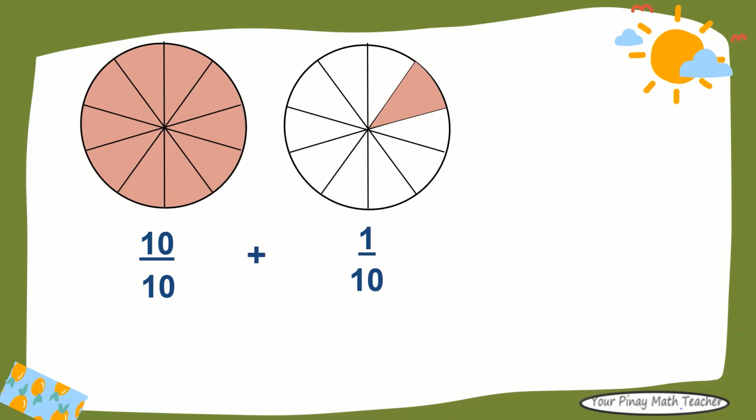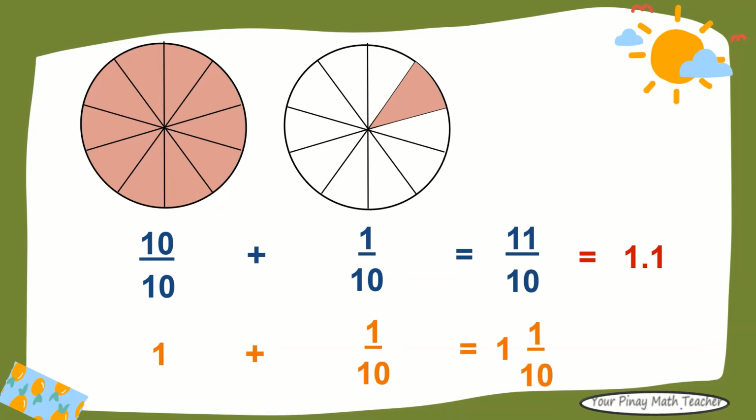Adding the two fractions, we get 11/10, which is equal to 1.1. There is another way of getting 1.1 by changing 10/10 to 1 whole and adding it to 1/10. So 1 whole plus 1/10 is equivalent to 1 and 1/10. This is also the same as 1.1.